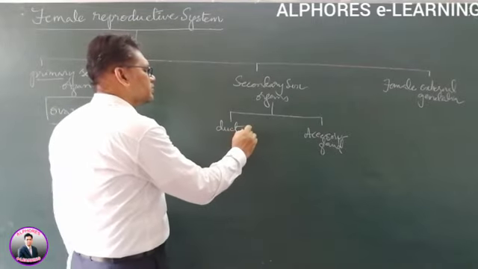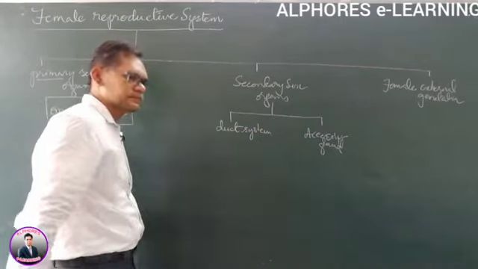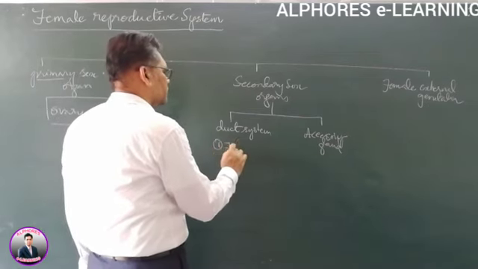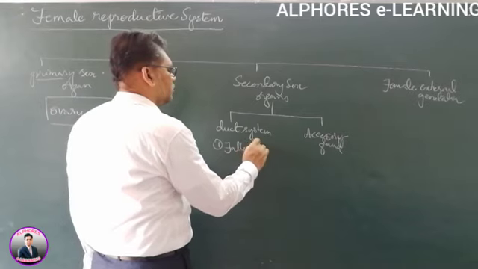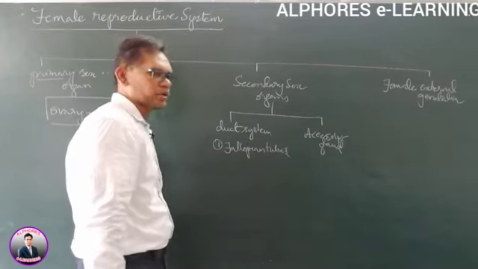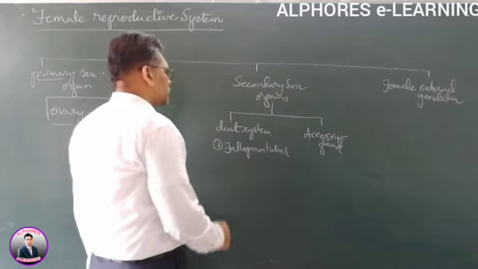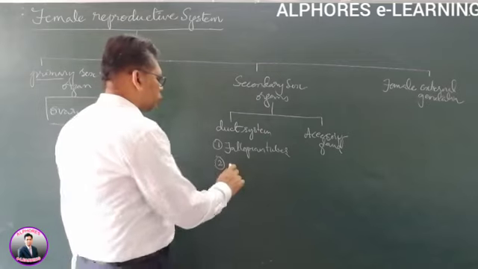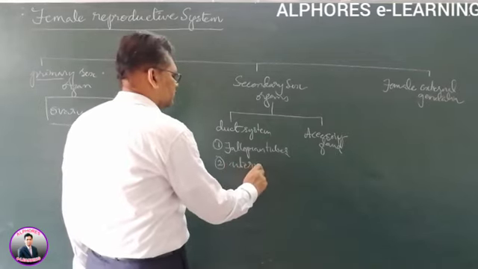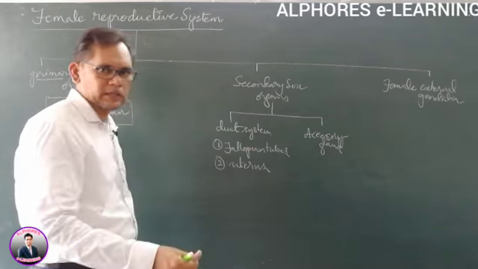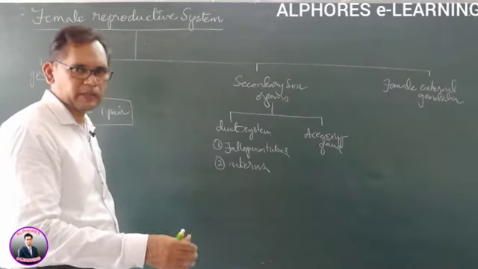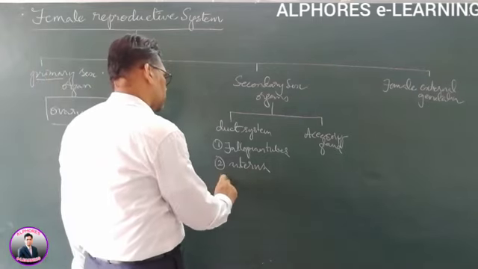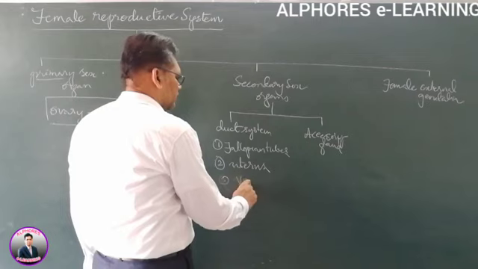Now the duct system consists of a pair of fallopian tubes, also called uterine tubes, as well as the uterus, which supports the zygote for implantation and results in nourishment, as well as the vagina.